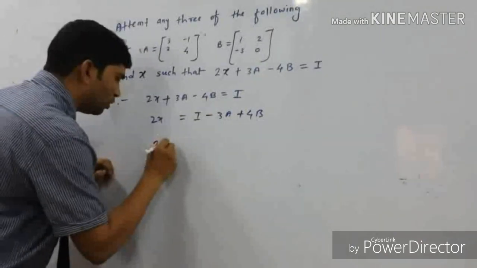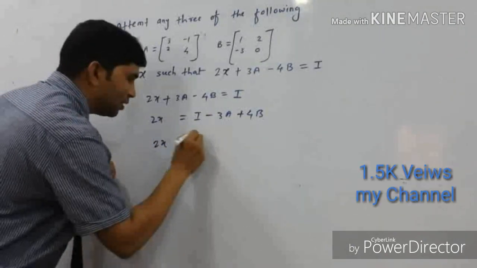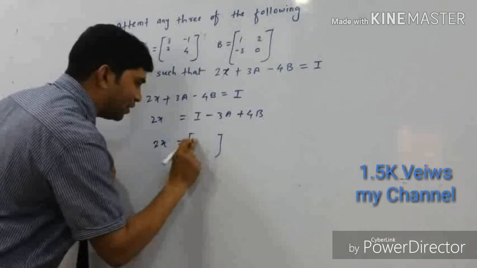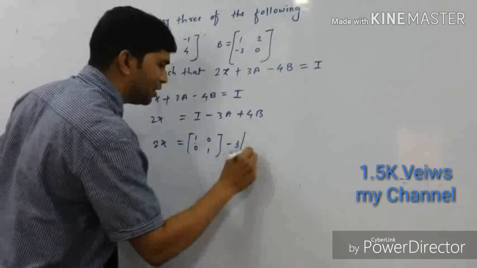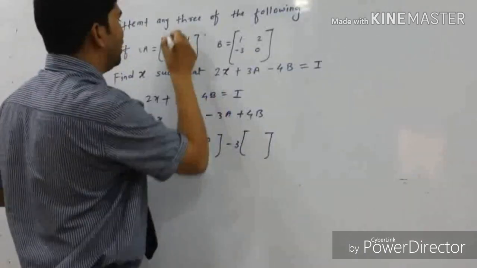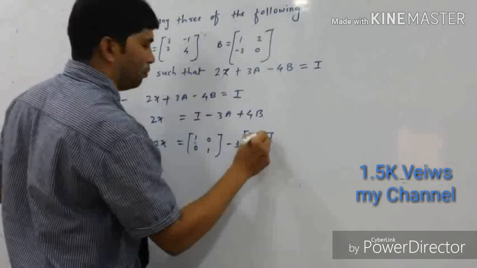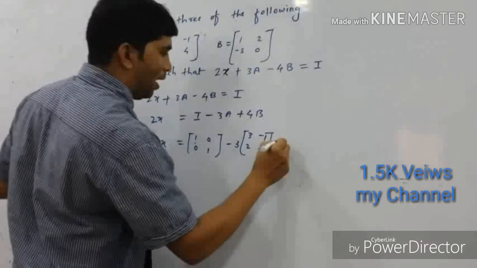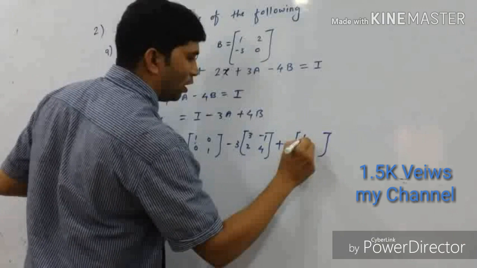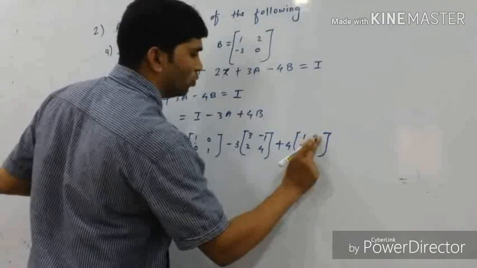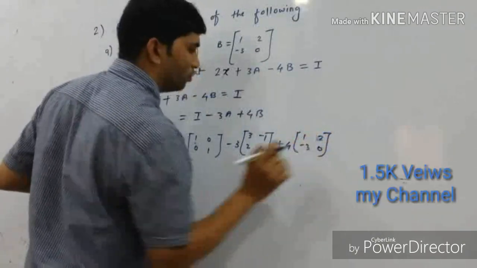So we put I matrix, that is identity matrix 1 0 0 1, minus 3 as it is. We put A here 3 2 minus 1 4 and plus 4 as it is. B matrix is 1 minus 3 2 0.